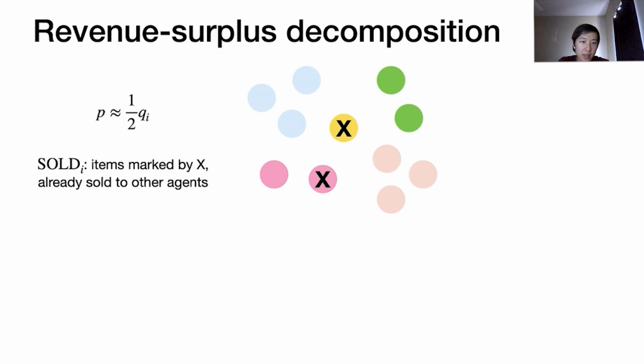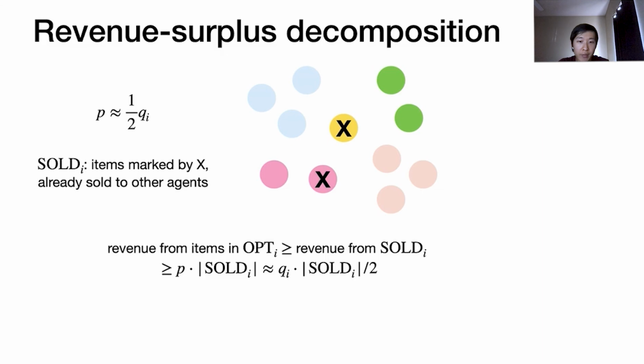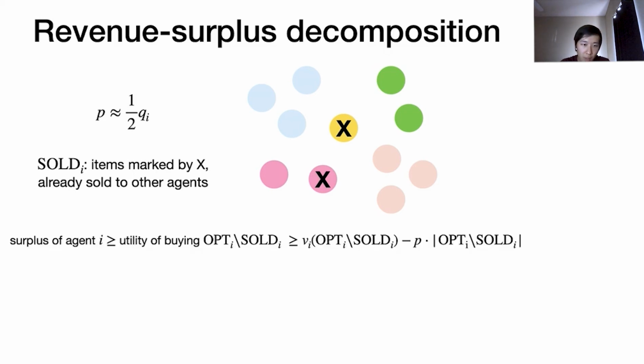So here's the argument. Let sold i be the items already sold to other agents before we query agent i. These are marked by crosses. So the revenue from items in opt i is lower bounded by the revenue from items in sold i, which is in turn lower bounded by Qi times the size of sold i divided by 2. As for the surplus, it's lower bounded by the utility of buying opt i minus sold i because it's a valid choice for agent i to make.